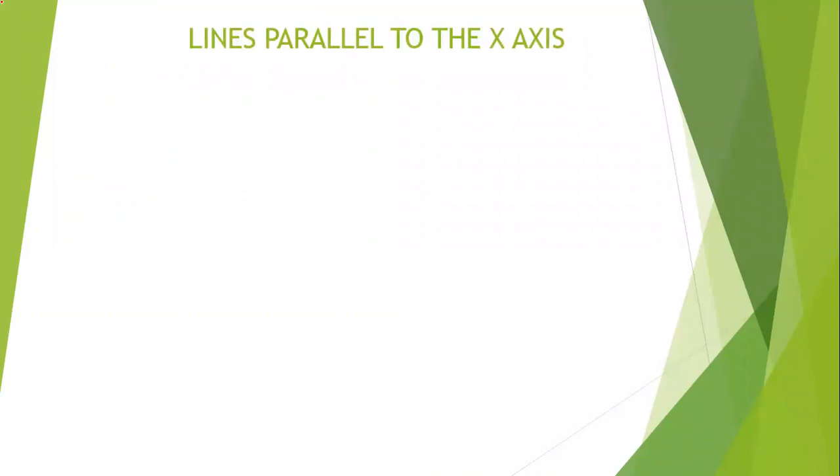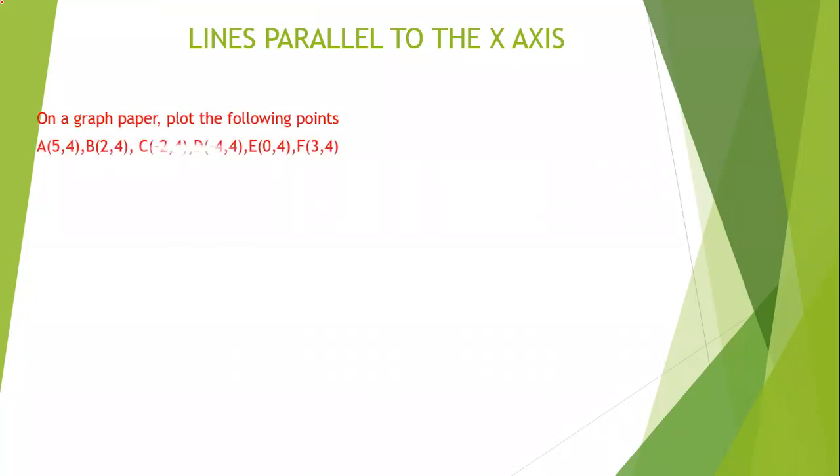Now let us move to the next concept, lines parallel to the x-axis. If a line is parallel to the x-axis, then how we can write the equation of that line, that we are going to learn. Okay. So first, on a graph paper, plot the following points. Again, they have given us the points A, B, C, D, E, F. We have to plot these points on a graph paper.